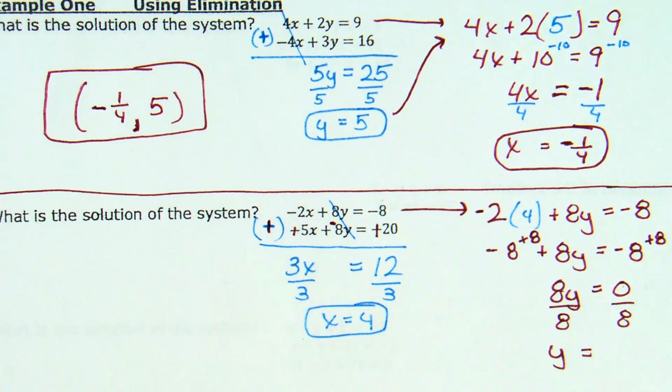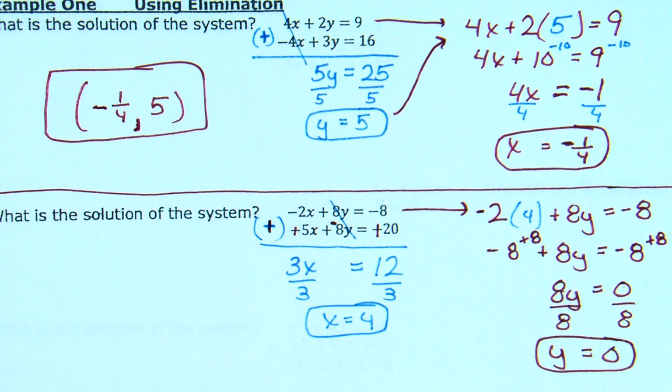If you punch 0 divided by 8 in your calculator it will say 0. The question becomes, what if the 0 was on the bottom? That's when we have a problem, right? If you try and do 8 divided by 0 in your calculator, it's going to give you an error. Okay? So, final answer here was 4, 0.